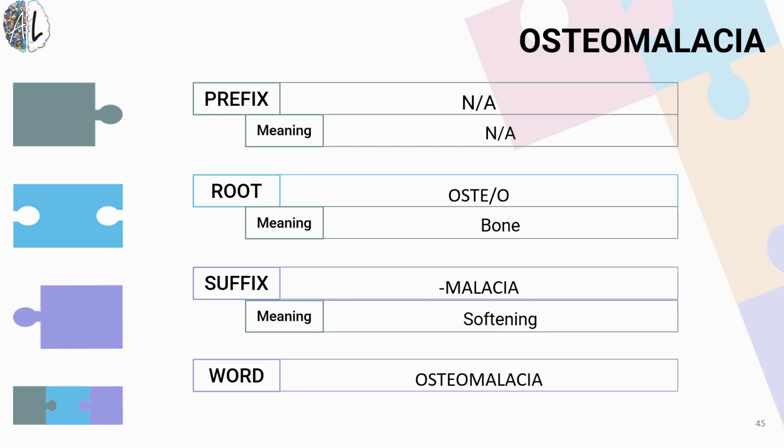As we define this entire term, remember we have to start our definition with the meaning of the suffix. We're going to start with the word softening, and we'll use some filler words to make it make sense. So, softening of the bone. A lot of us maybe have not heard about this before. As you know, your bones are pretty hard. They're full of calcium. But if you don't drink enough milk, they become softer. We refer to that as osteomalacia.